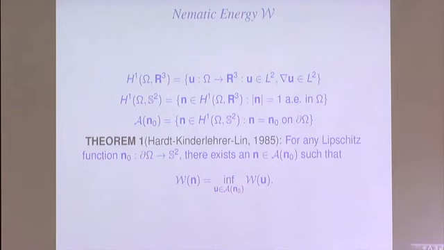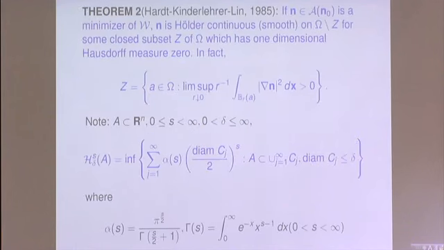This is, for me, I think, one of the beautiful papers. And then what they've also proved, if n is a minimizer, then n is Hölder continuous except on a closed subset C, which has zero one-dimensional Hausdorff measure.